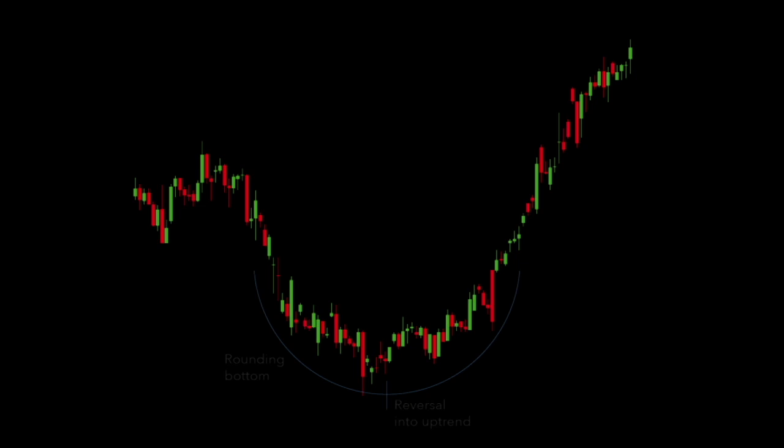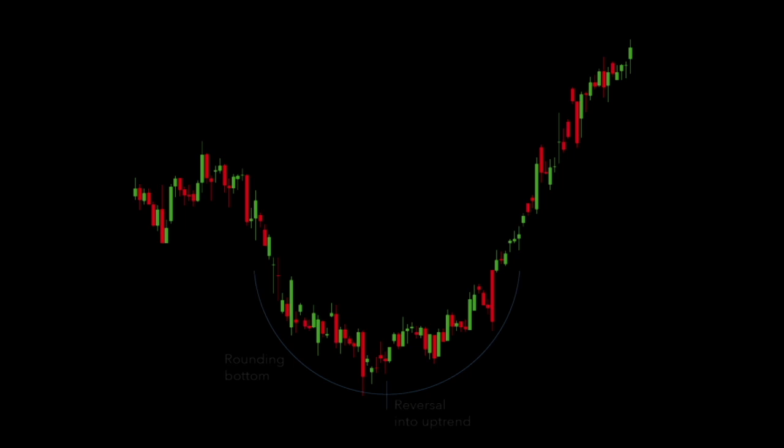The price really isn't moving up, but it's not really moving down. It's kind of just staying in one area while slightly moving upward. So then we have the finishing of the bottom before the trend has officially reversed and entered that bullish uptrend.